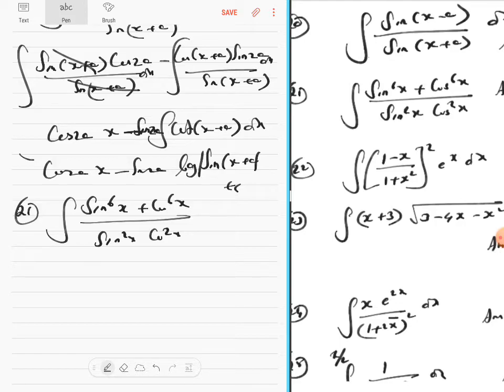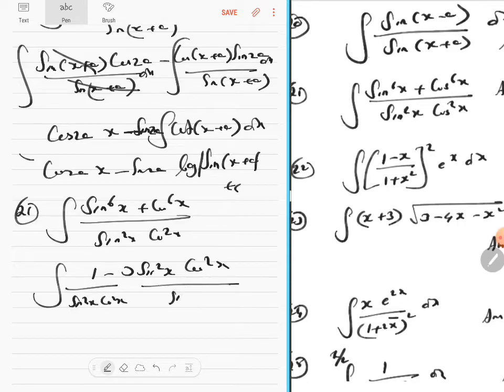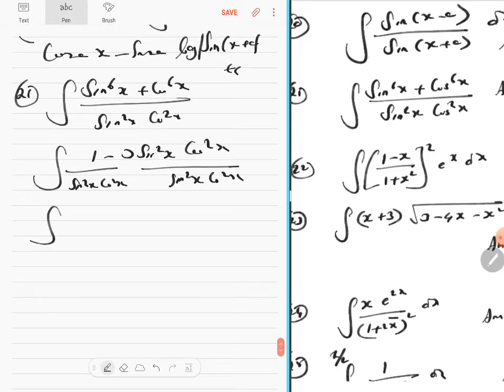But I'm just thinking, sine to the power 6x plus cos to the power 6x is 1 minus 3 sine square x cos square x. So a sine square x into cos square x here, and a sine square x into cos square x here. Would that help? Just a thought. Okay, you can always split it up. You will get sine square and sine to the power 6 will get cancelled. You get sine to the power 4 and a cos square x down.